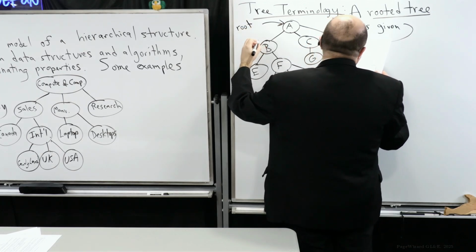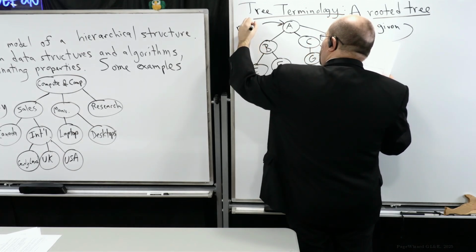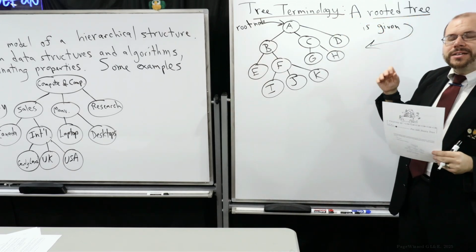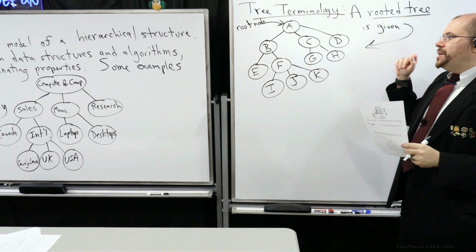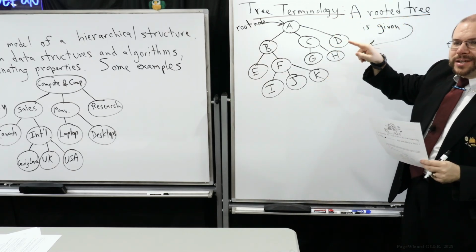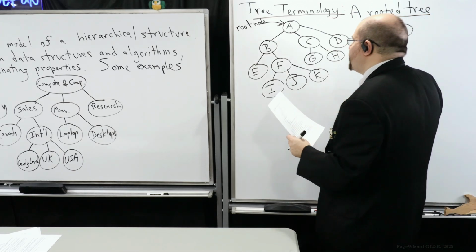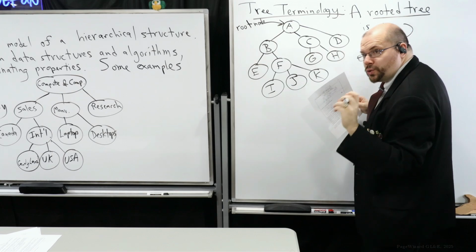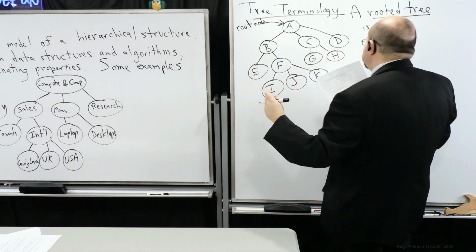So we call this the root node, or sometimes it's called the root vertex, but I'm going to try to use the term node when talking about trees specifically, just to make it a little easier for us to discuss. So A, for example, is the root or root node.